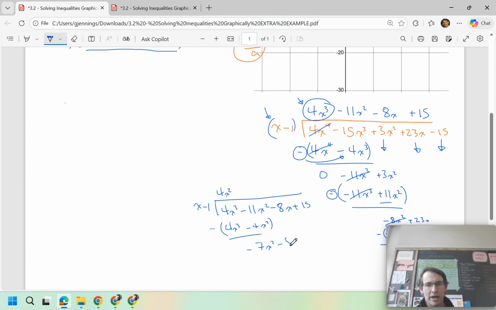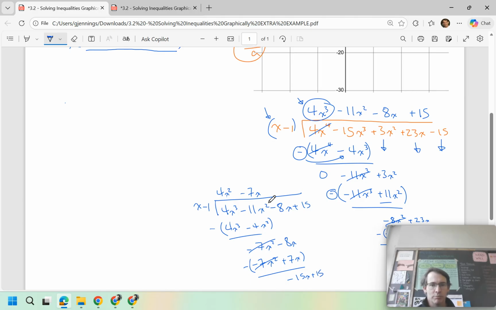We drop down the minus 8x, and we multiply here by minus 7x, so we get minus 7x squared plus 7x. When we subtract all those, these are 0, they go away, and this gives us minus 15x plus 15.